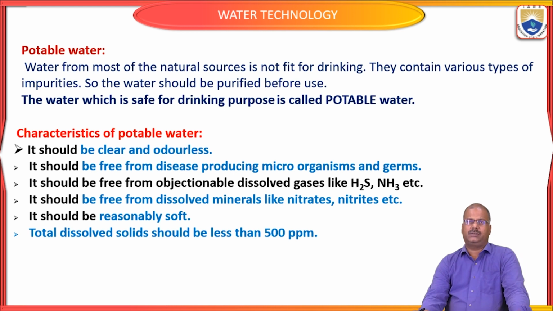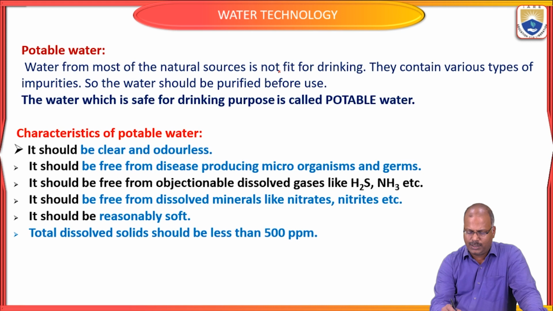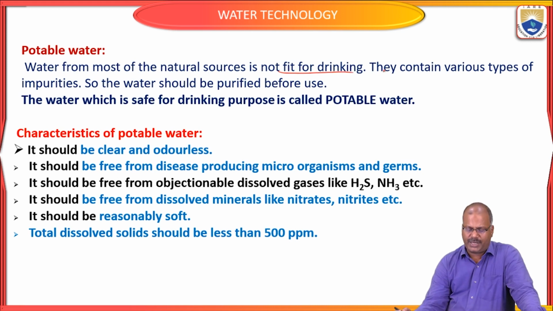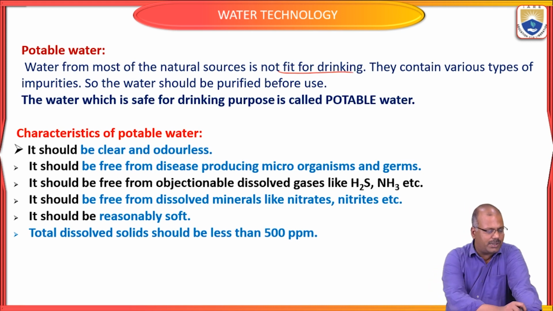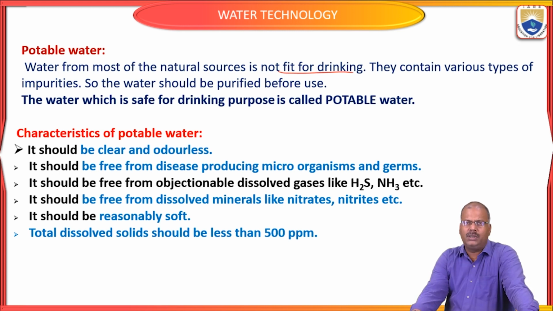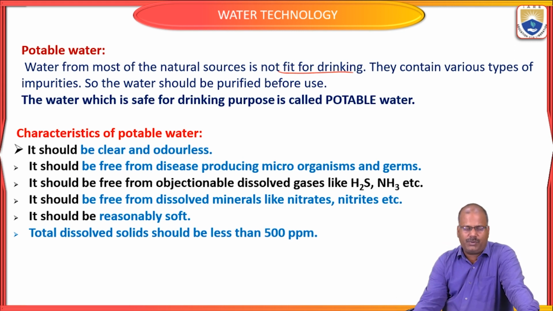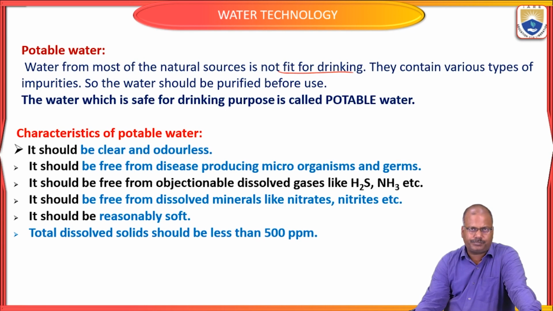Water from most of the natural resources is not fit for drinking. We have to be very careful nowadays because water spreads a lot of diseases, and during rainy days you have to be even more cautious. So we cannot drink any water which is available. Normally we buy water which is already UV treated or RO treated.